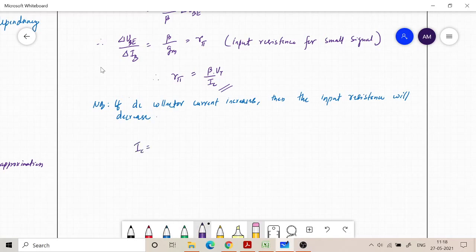So IC is equal to IC0 into 1 plus VCE by VA. Let's stick to that terminology.